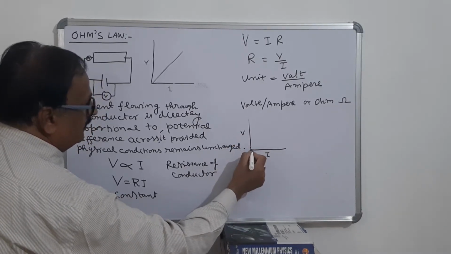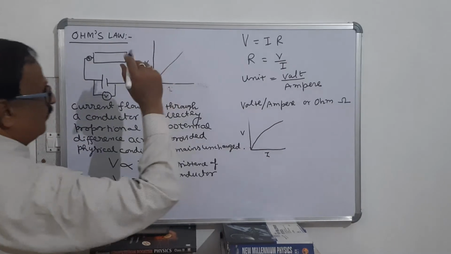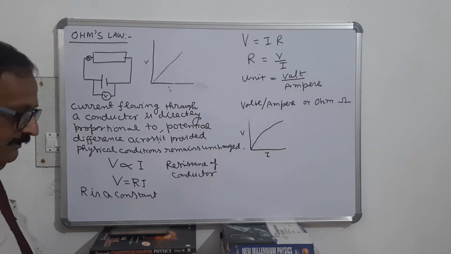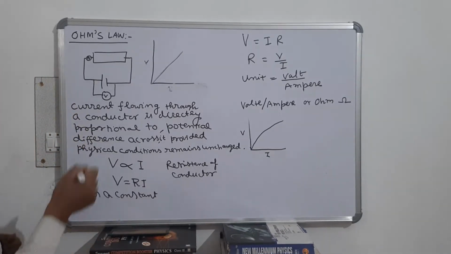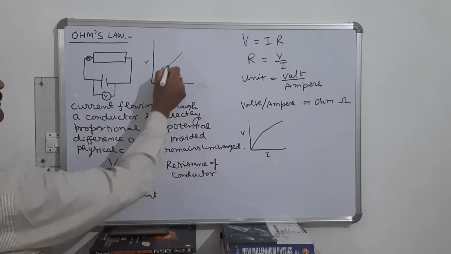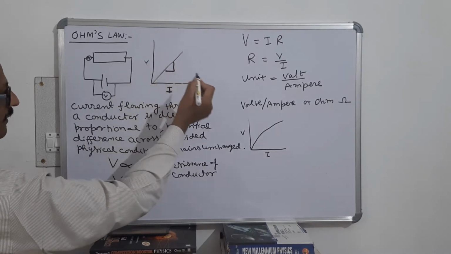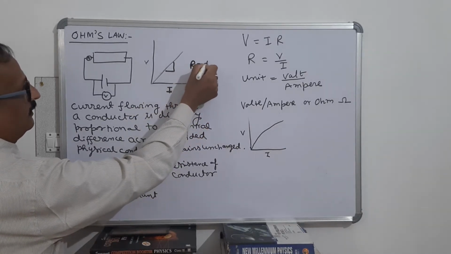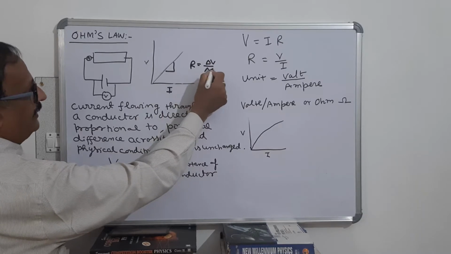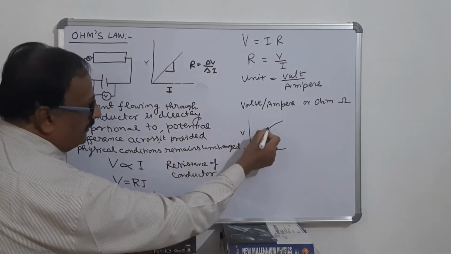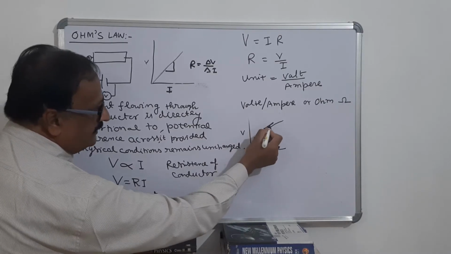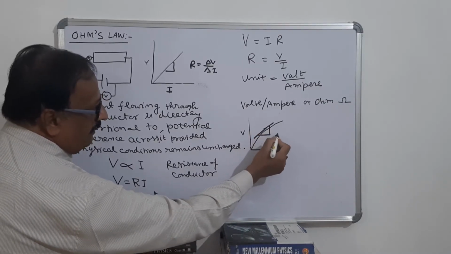So those conductors which follow Ohm's law are called ohmic conductors, and those which do not follow Ohm's law are called non-ohmic conductors. If you find the slope of this graph, delta V upon delta I, then you can find resistance. R is equal to delta V upon delta I. To find resistance at any point, you have to draw a tangent, and the slope of the tangent will give resistance.